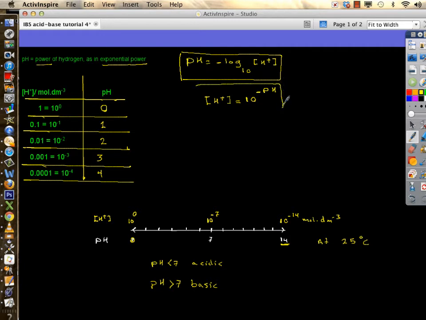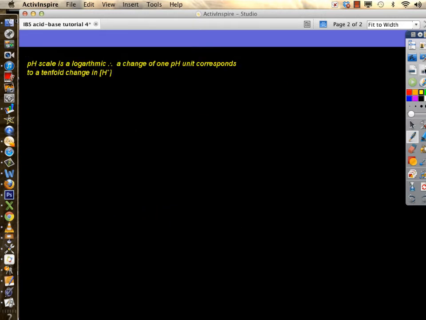Now on the next slide, I want to talk about one other very important, fine point: every time you change the pH by an increment of 1, you change the concentration of hydrogen by 10-fold. So what I want you to remember is pH is a logarithmic scale. Therefore, a change of one unit of pH corresponds to a 10-fold change in concentration.